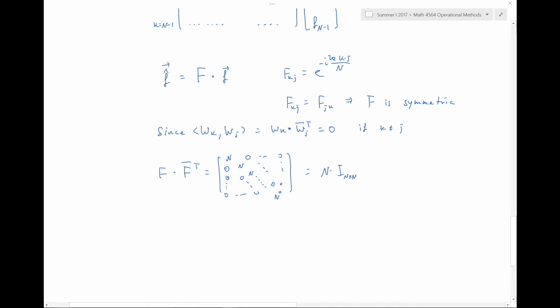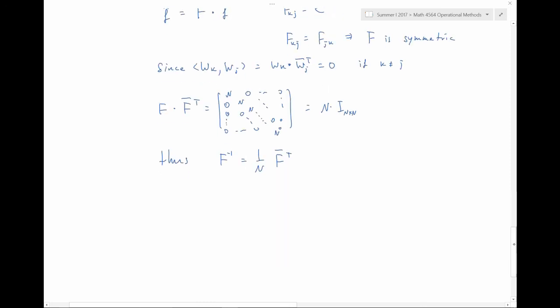So therefore F inverse is 1 over capital N F bar transposed, and therefore the inverse Fourier transform is simply 1 over n times F bar transposed times the vector of the Fourier transforms.